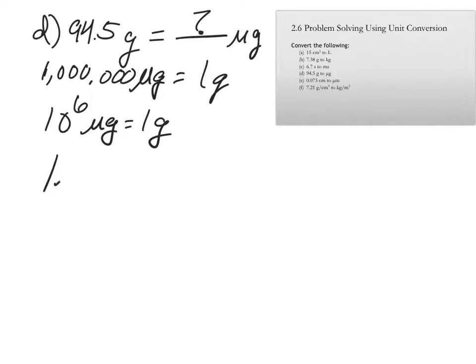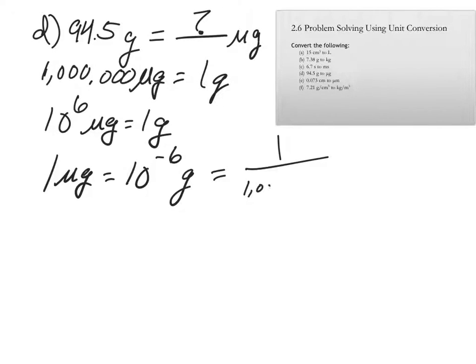Or you could say 1 microgram is equal to 10 to the negative 6 grams, or 1 over a million grams. There's so many ways to write these in the metric.